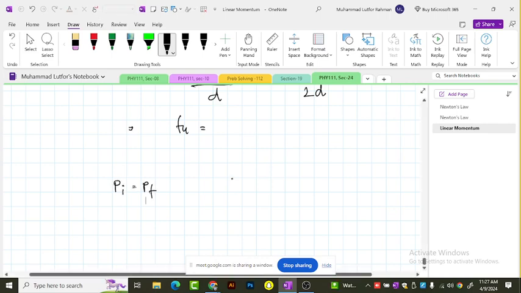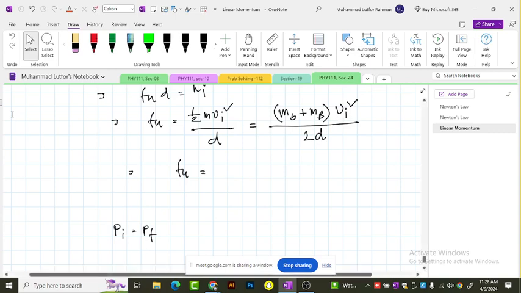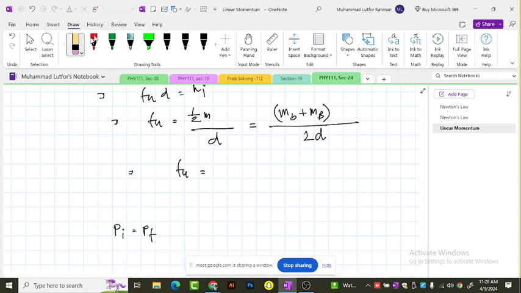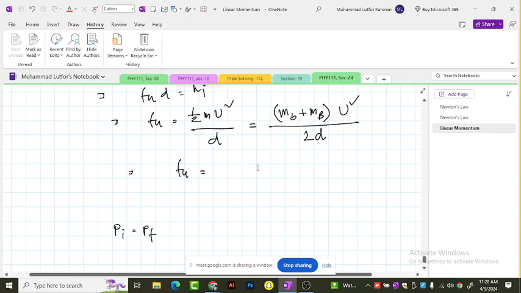Remember, this vi is not the initial velocity before the impact. This is the initial velocity after the impact actually, right? Or you can simply write v instead of vi. Then you can overcome that confusion. Let's write down that part.